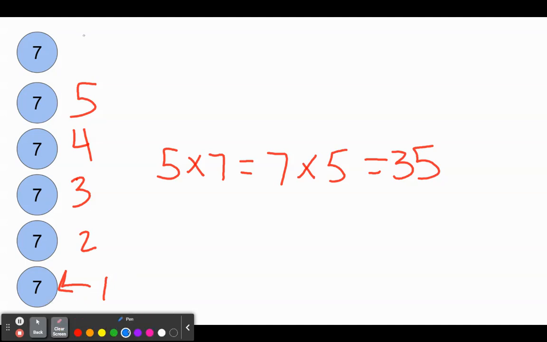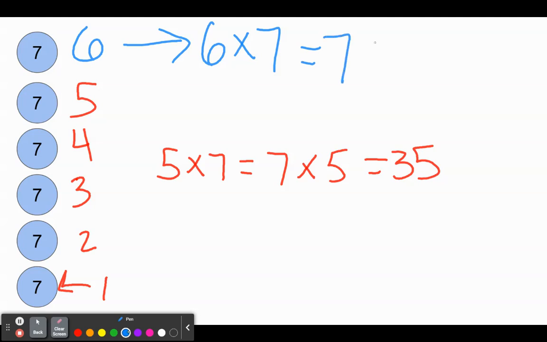I have 6 7s. So to represent this with a multiplication sentence, we have 6 times 7, or 6 groups of 7, which is the same as 7 times 6, right? But we have one more 7. So we know that 7 times 5 is 35.